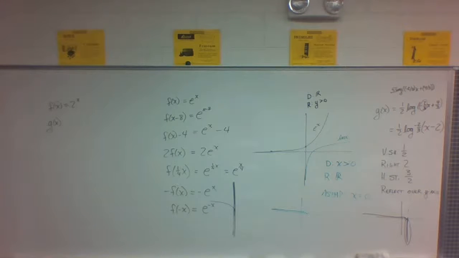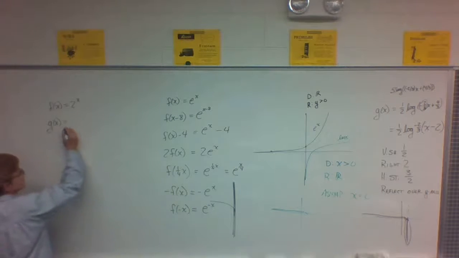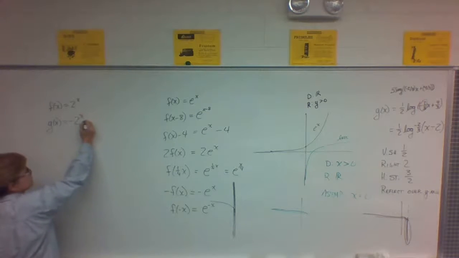And we are to do a reflection in the x, and then a translation 4 units right. That won't be very hard. How do we write a reflection in the x? Negative, and then 2 to the x. Where do they want us to move it?